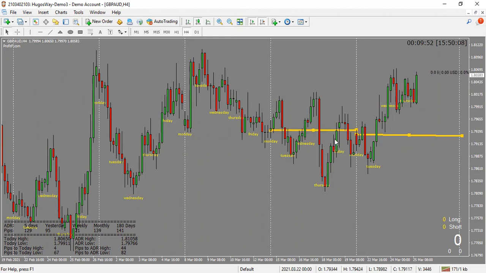Look, we got a continuation setup, down continuation. So I'm expecting this to overall sell if it doesn't continue to buy this week. When it comes to continuation setups, you got two things. Since this is a sell continuation, there's two ways to look at it. One, you can get the bearish breakout the same day, or you'll get the bearish breakout the next day and the opposite push today.